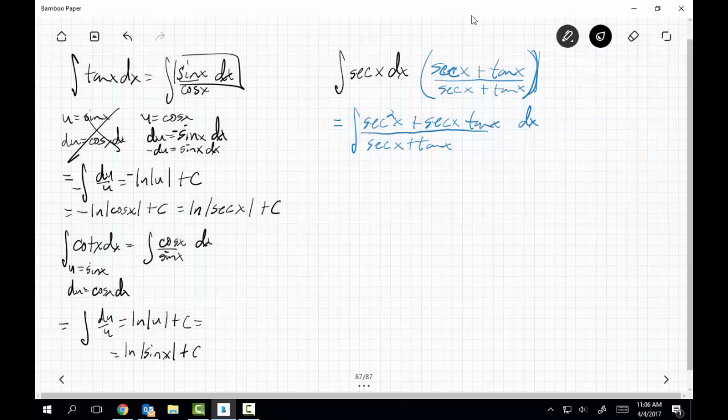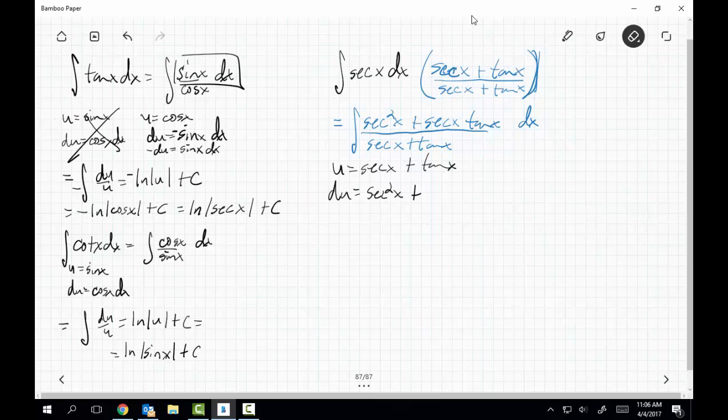I'm going to let u equal secant x plus tangent x. Then du is equal to the derivative of secant x, which is secant x tangent x, plus the derivative of tangent x, which is secant squared x, and there's my dx.